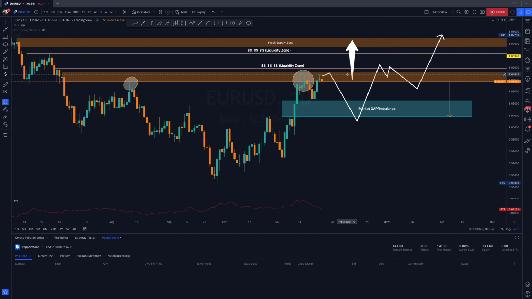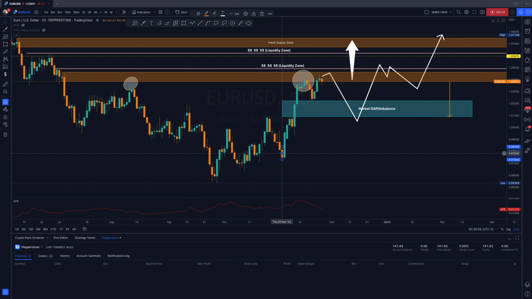So just follow price action on Monday when it opens. Look at the Tokyo session. Wait and see how price behaves. If there's too much liquidity, then price will continue going up. If there's not much volume, price will come back, correct all this move that it made, then continue going up. Or it can as well come back all the way down to this demand zone, which was here.